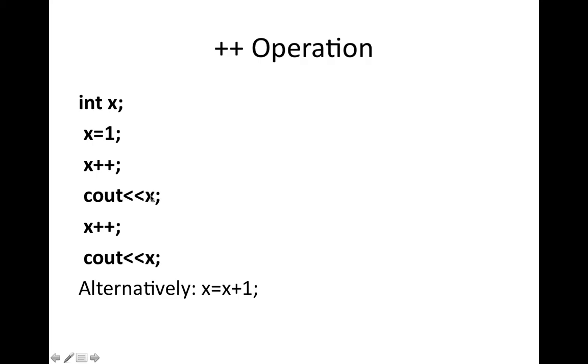So if you cout x, the value will now be 2. And then if you do it again, the value is now 3. So if you cout again, it will be 3. In both of these lines, x plus plus, you could have written x equals x plus 1. But that's sort of tedious to do, especially in a long program. So x plus plus just increases the value of the variable by 1.